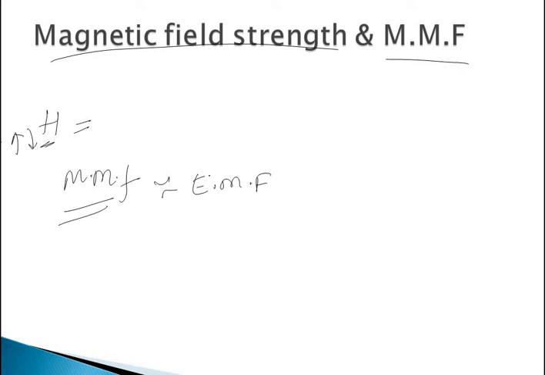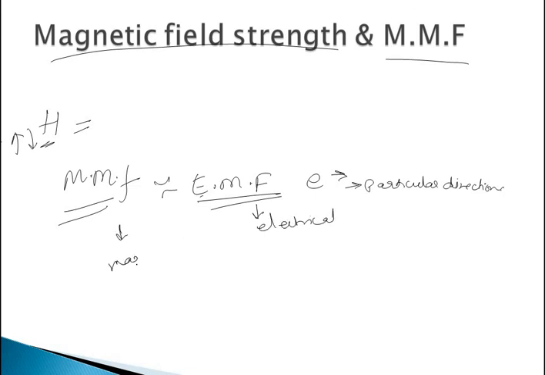EMF is the force or pressure required for the electrons to gain a particular direction. So the force or pressure required for the electrons to gain a particular direction is known as EMF. So EMF is related to electrical circuit and M.M.F is related to magnetic circuit.